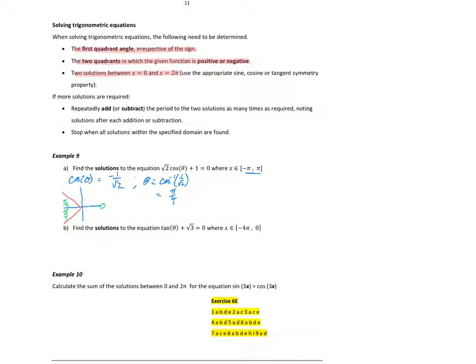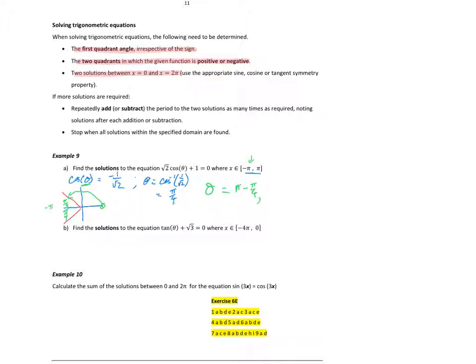Then, okay, well, obviously we're starting at the domain, which is from negative pi to pi. So let's just work from 0. We'll work from 0 and go two ways. So my solutions will be theta will be equal to, start at 0, this angle there is pi minus pi on 4.